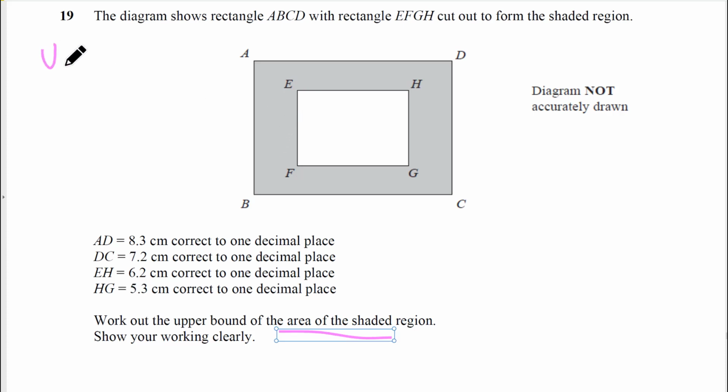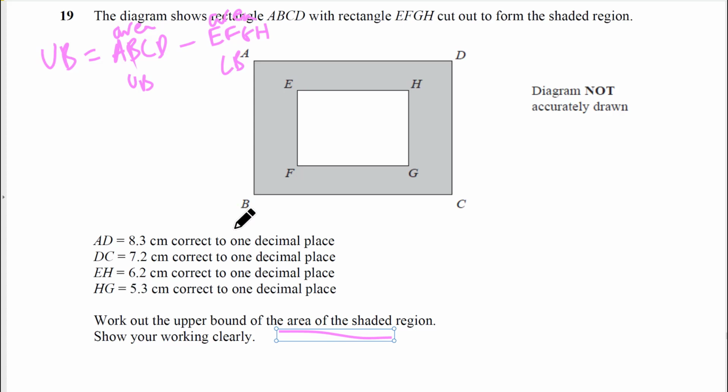So we want the upper bound of the area of A, B, C, D. We want that upper bound minus the lower bound of the area of E, F, G, H. That will give us that.